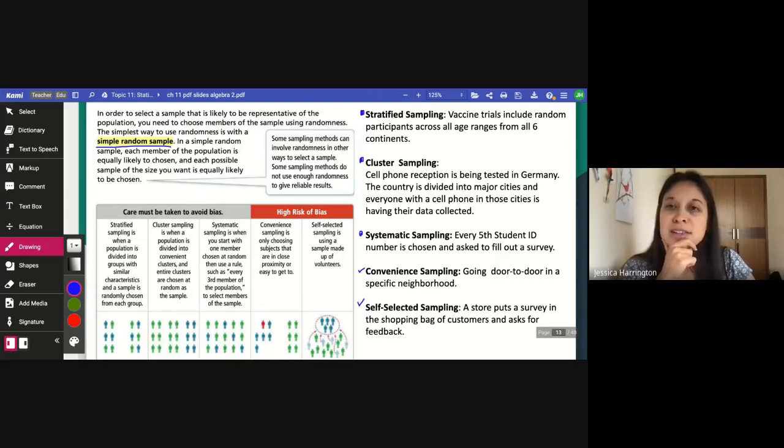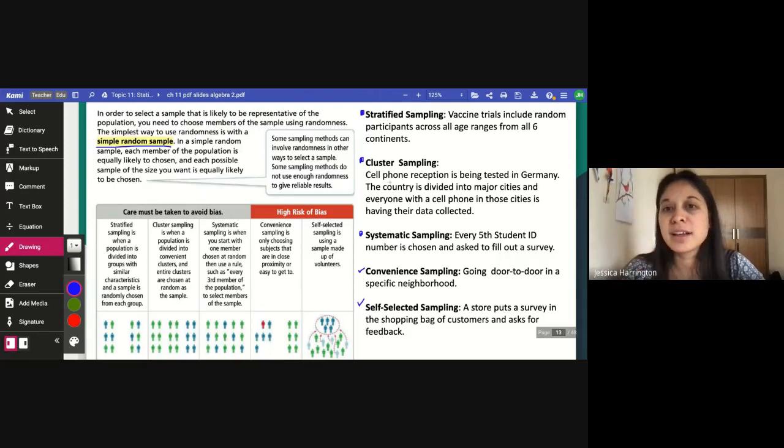So a convenient cluster is to just take major cities. So now I have all these major cities across Germany, right? I'm going to choose 6 cities at random, and I study the people who have a cell phone. So my clusters are broken up into things that are convenient, and then I choose from those clusters.